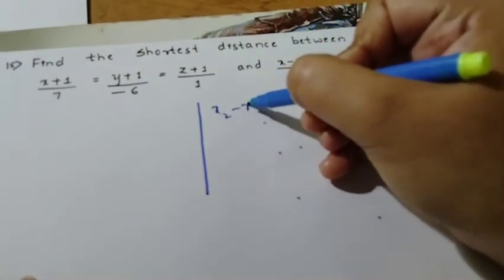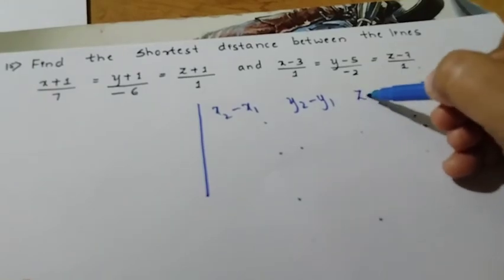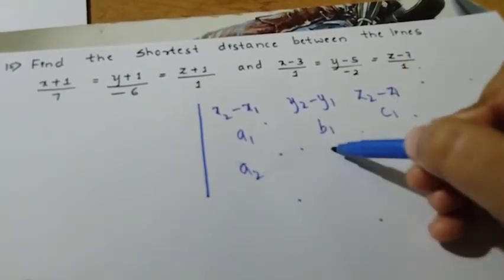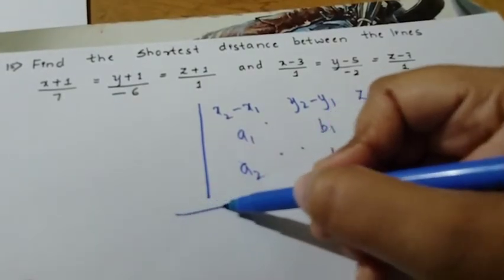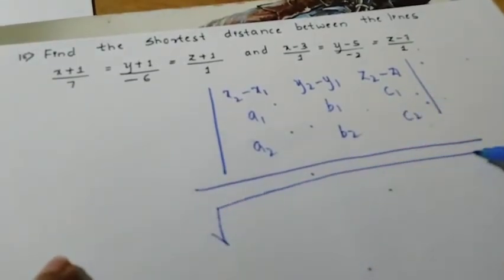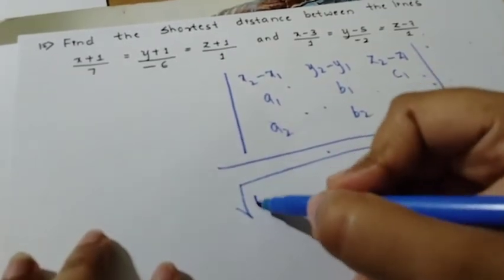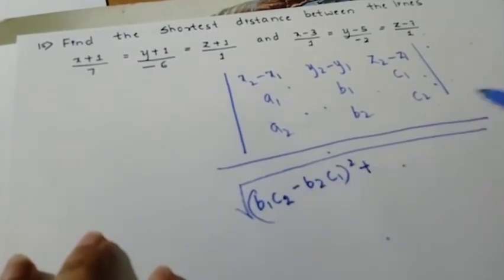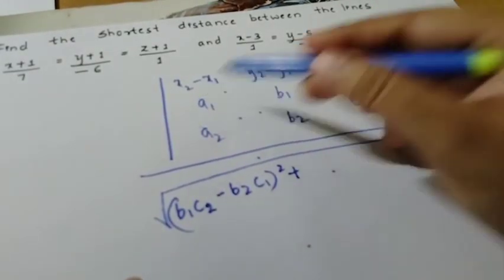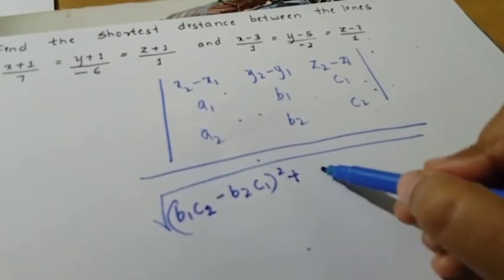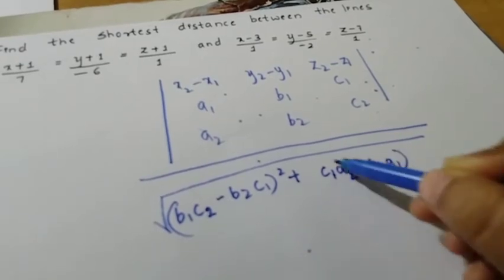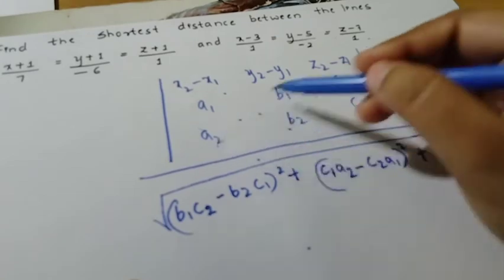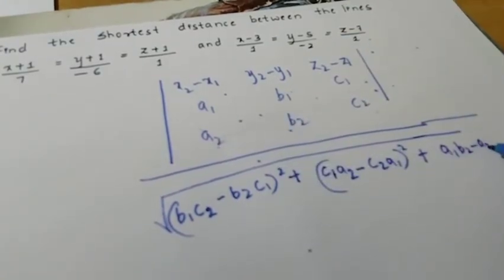The modulus of the determinant with rows x2 minus x1, y2 minus y1, z2 minus z1; a1 b1 c1; a2 b2 c2, whole divided by the root of: leaving one row and column, b1 c2 minus b2 c1 whole square, plus, leaving the next row and column, c1 a2 minus c2 a1 whole square, plus, leaving the last, a1 b2 minus a2 b1 whole square.